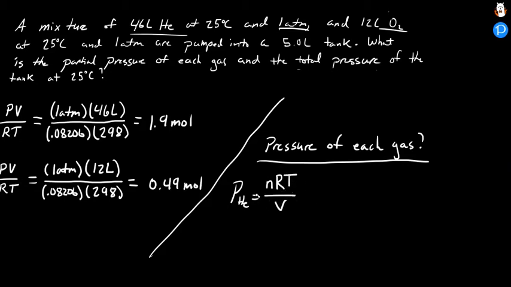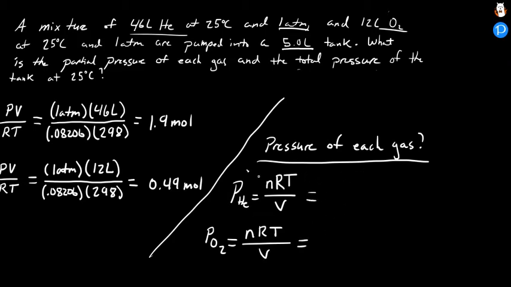For this one, I'm using the 5 liters for the volume, because now I'm figuring out what the pressure is once I take this amount and put it into this 5-liter tank at 25 degrees Celsius. The pressure of O2 is the same process: number of moles of O2 times R times T divided by V.